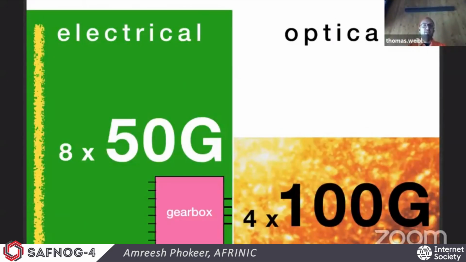Still on the electrical side, we see 8 times 50 gigabit. But this time it's not directly connected to the optical components within that transceiver. Now an ASIC is placed inside that transceiver. It's called a gearbox, and what it does is take those 8 lanes and combine them to 4 lanes, and that drives an optical engine doing 4 times 100 gigabit.